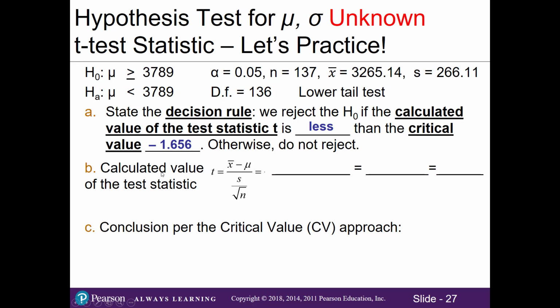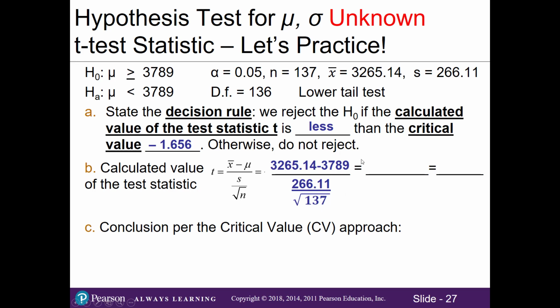So for part B, we'll now go ahead and calculate our test statistic by plugging in our sample mean, our hypothesized population mean, our sample standard deviation, and the square root of our sample size. So plugging in the numbers, this we got from Excel, this we got from our hypothesized values, the sample standard deviation from Excel, and our sample size of 137.